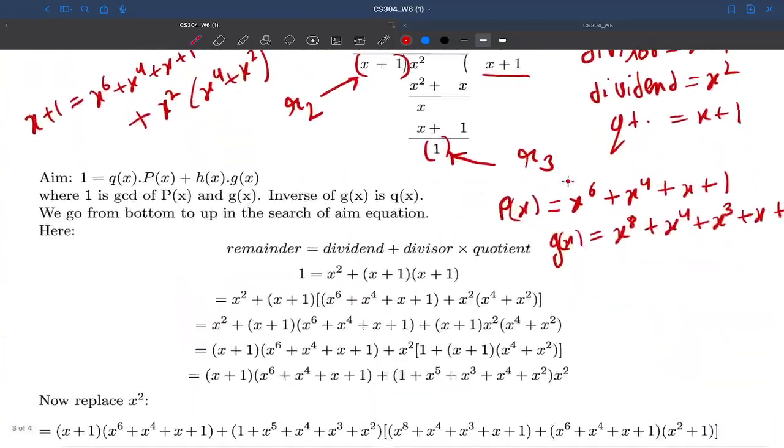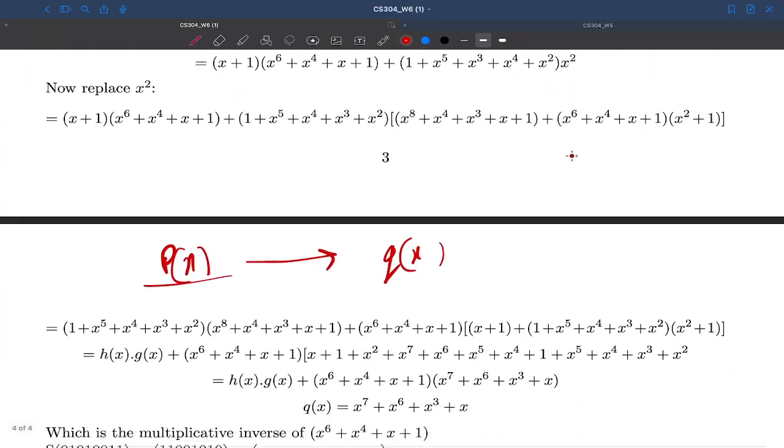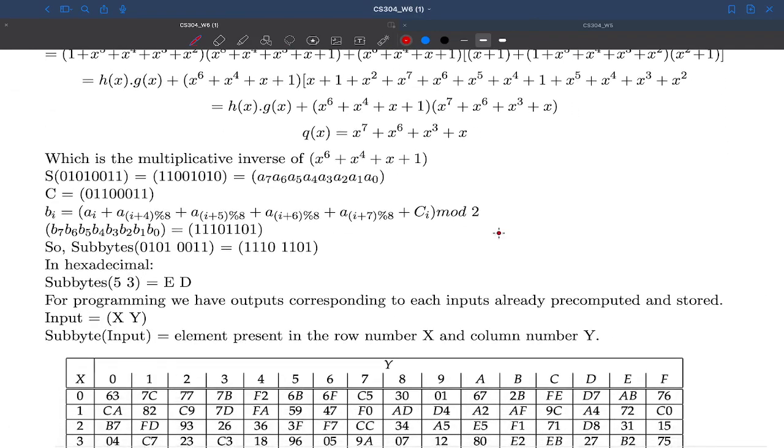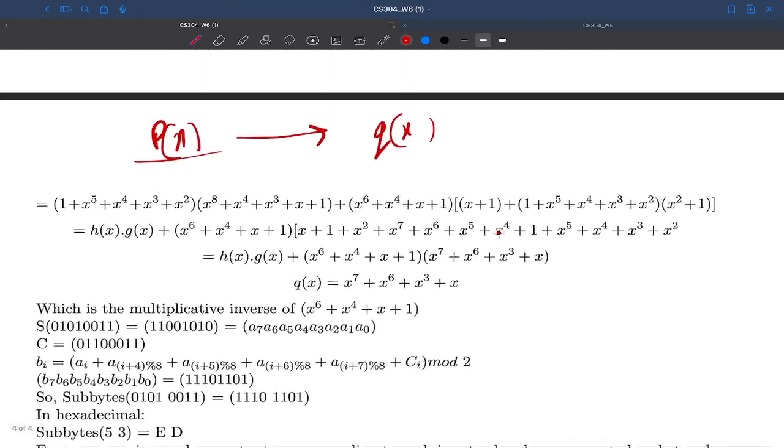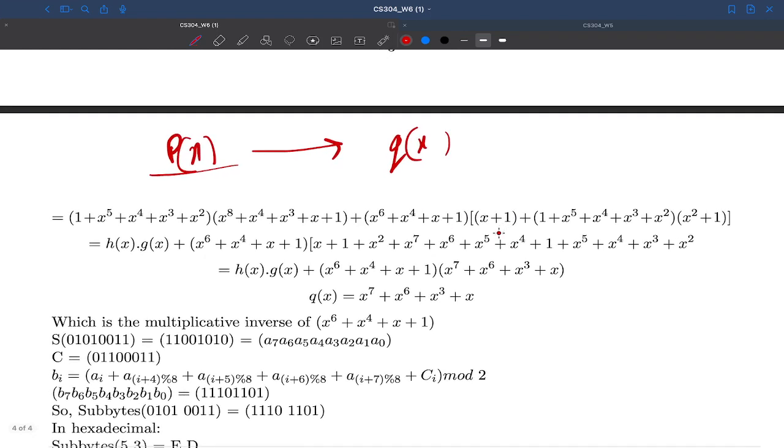So from the programming point of view, do we have to do this every time? If I have to code the S-box, this SubBytes algorithm, do I have to define an S-box function? No. What we can do is some pre-processing. The S-box is mapping X to Y. X is 8-bit.